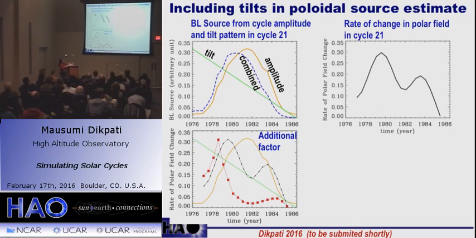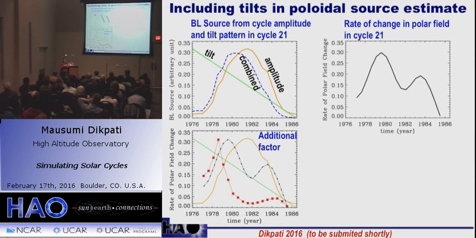Oh, here? The green line is the tilt pattern. This is from observation; you can get the formula in the Kosovichev and Stenflo 2012 paper.